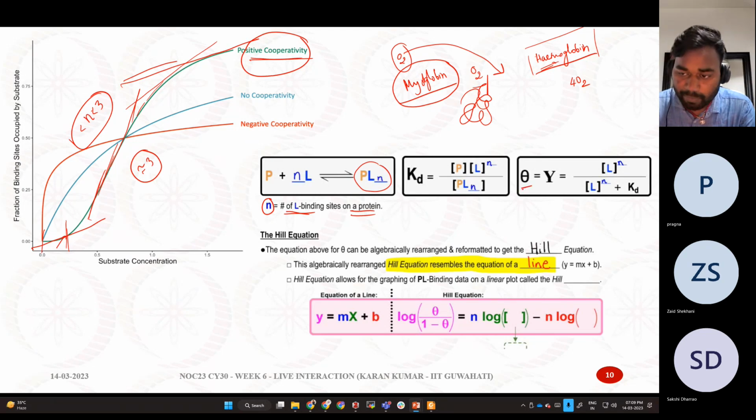Now, when you are writing the partial saturation, which is Y, that will be [L]^n divided by [L]^n plus Kd. This is known as the Hill equation.